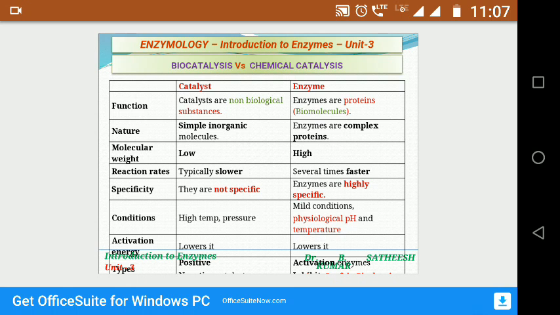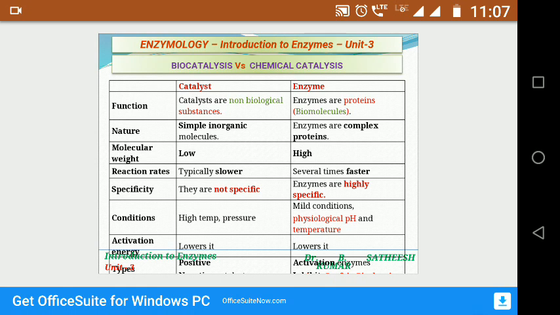And specificity: the chemical catalysts are not specific. They carry out some one particular reaction, but reactant specificity may not be there. Different reactants may be used with one particular chemical catalyst to carry out a specific reaction.